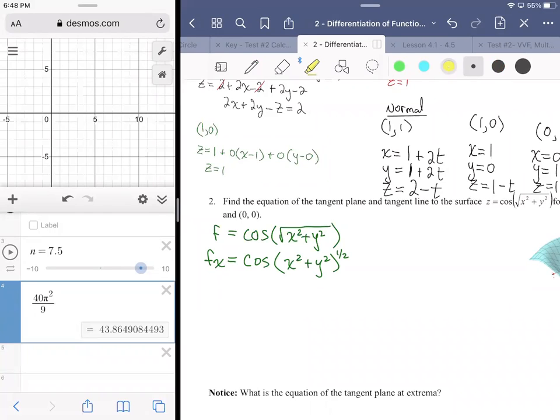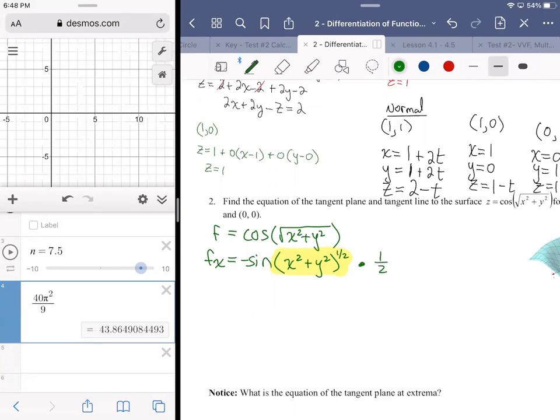Oh, sorry, negative sign. I'm so hung up on my notation there that I screwed up. Negative sine of blah, blah, blah. But then we want to take the derivative of this with respect to x.